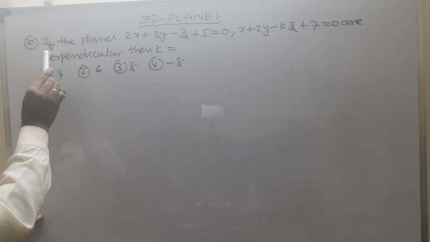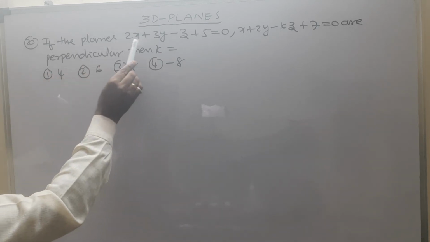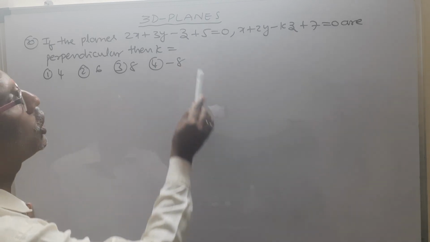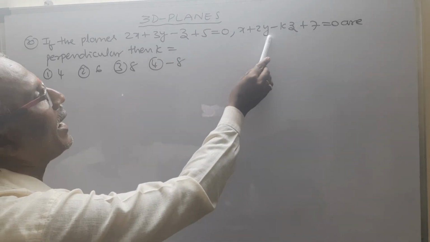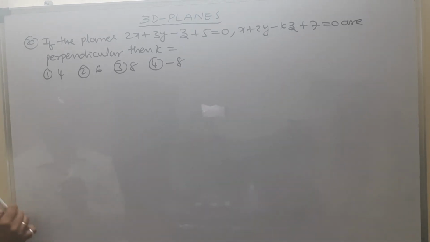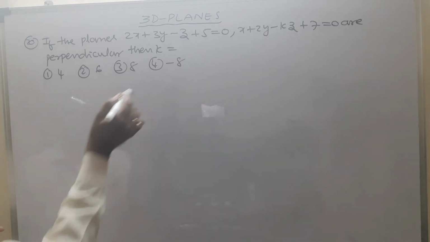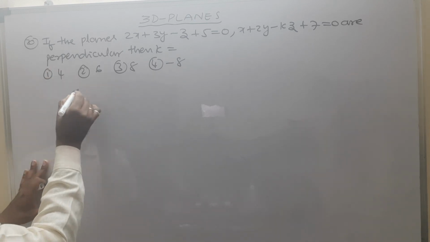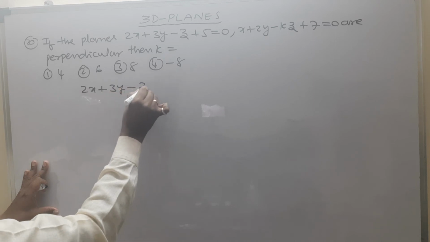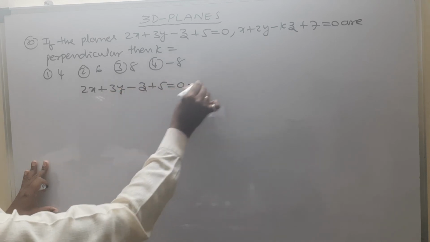Question number 20. If the planes 2x plus 3y minus z plus 5 equal to 0 and x plus 2y minus kz plus 7 equal to 0 are perpendicular, then k equal to, here the four options are given. Here the equation of plane 2x plus 3y minus z plus 5 equal to 0. This is equation 1.